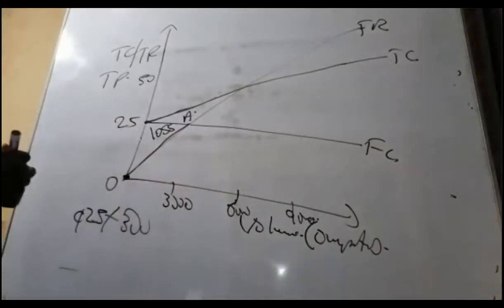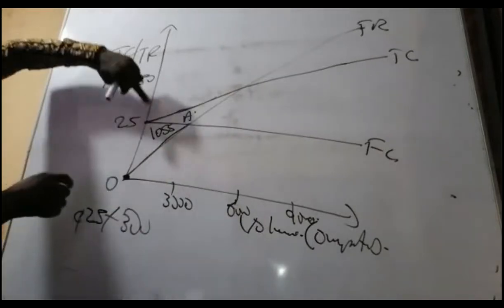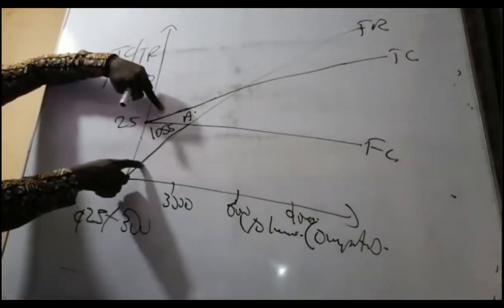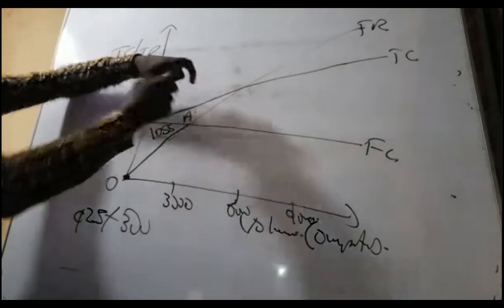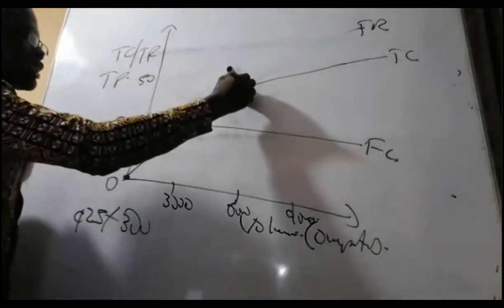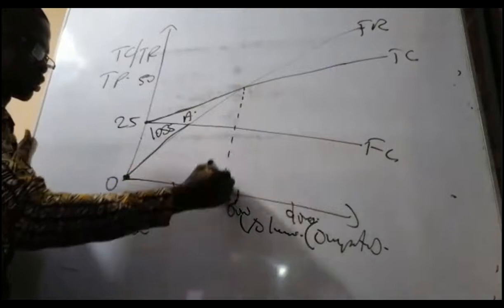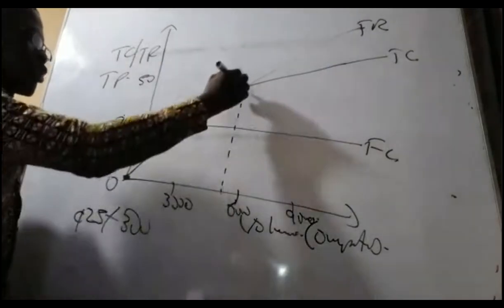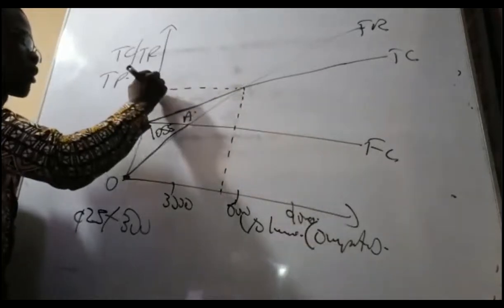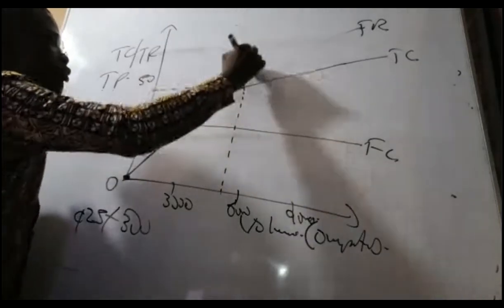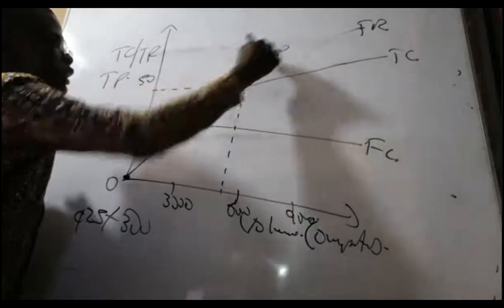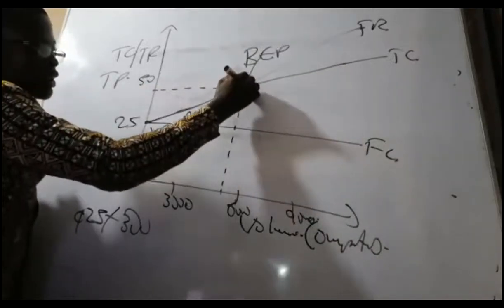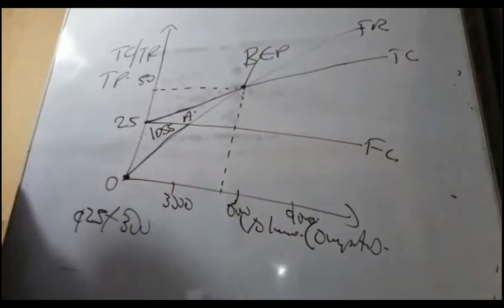Your revenue is below your cost. Wherever they meet, this section is what we call break even. This is the break even point.